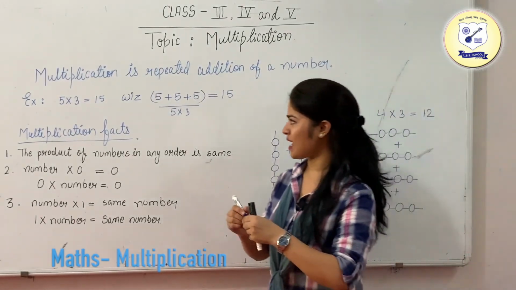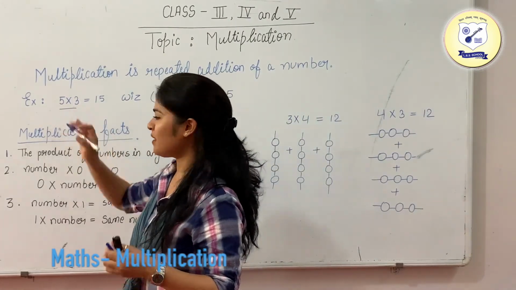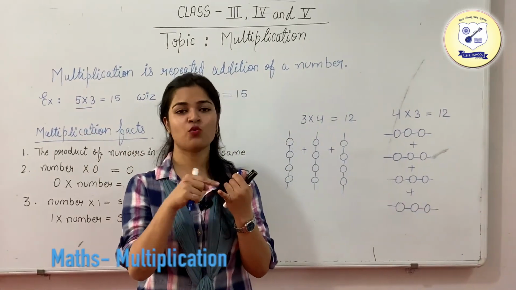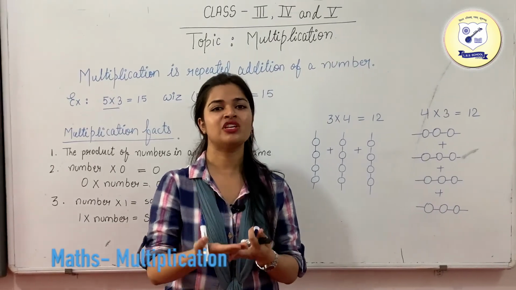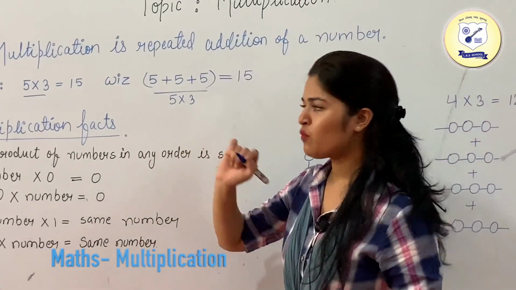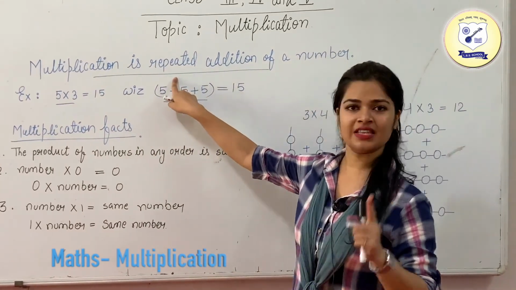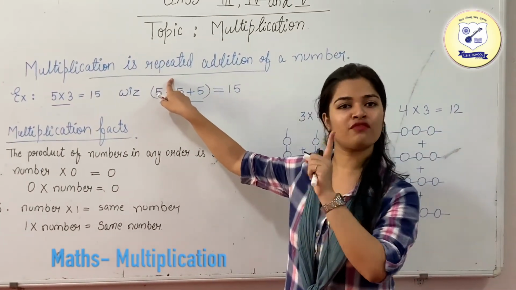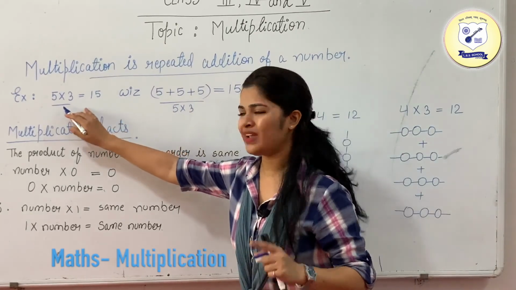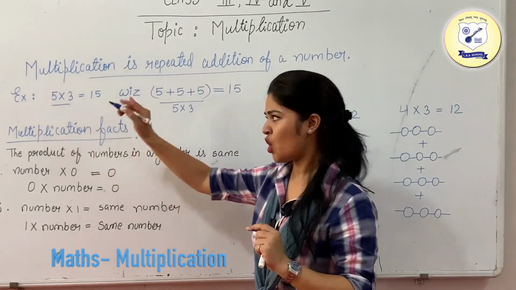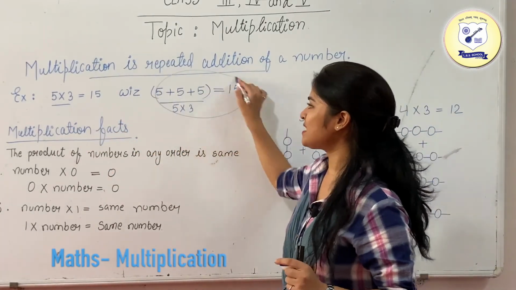I have an example in front of you. If I am multiplying 5 with 3, it would be 15, as we know that 5 3s are 15. But according to this definition, that it is the repeated addition of a number, we can either multiply 5 by 3 to get 15, or just add the numbers.